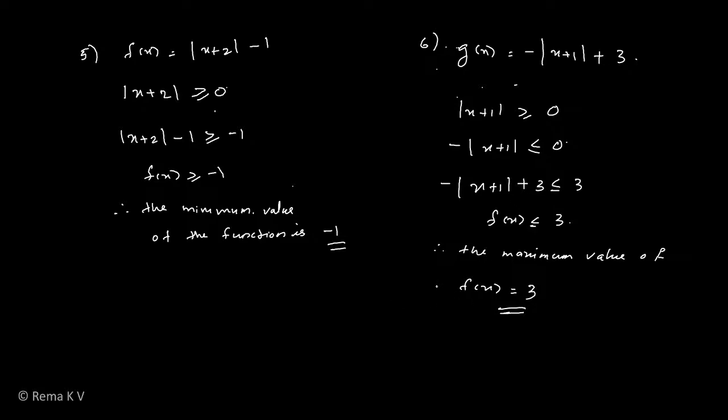Okay, let us move to the next one. h of x is equal to sin 2x plus 5.